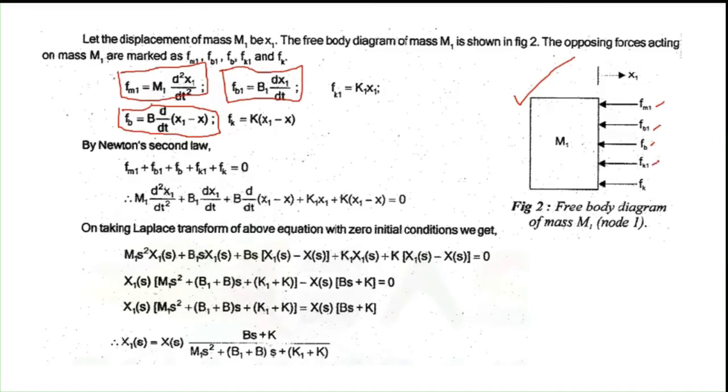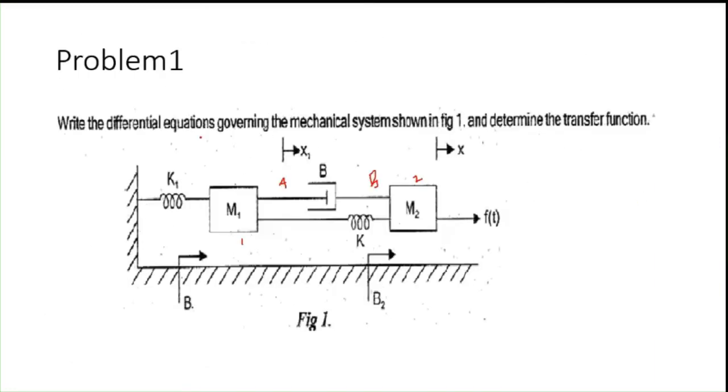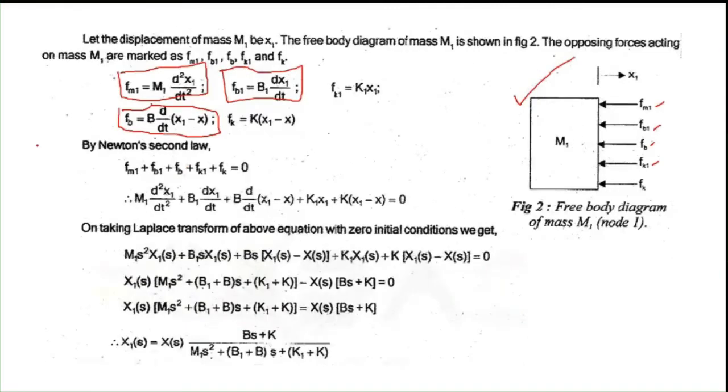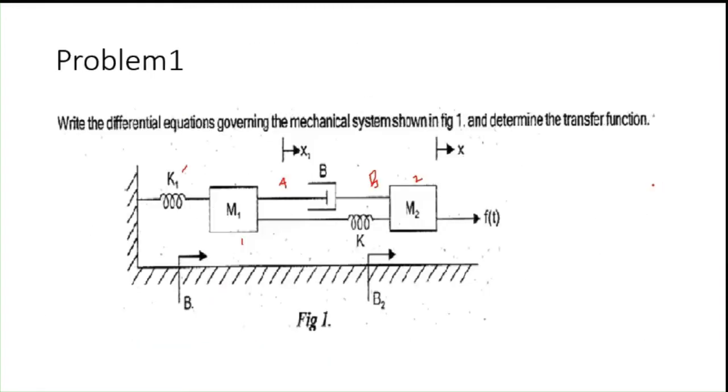Fk1 is due to the spring K1. So what is the force? Fk1 is K1 into displacement, that is x1, K1 into x1. Now what is Fk? K is due to this spring.